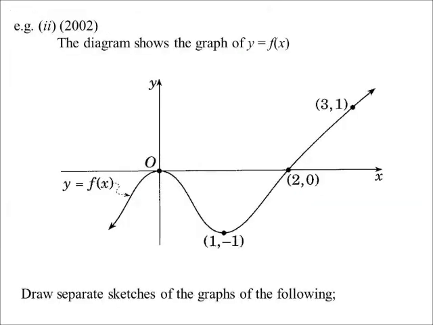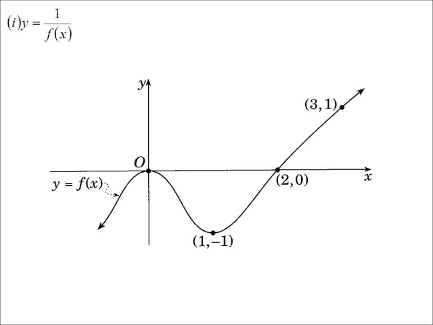Let's have a look at another one. So here's the 2002, the graphs they asked us to draw. The first one was the reciprocal, again. So the x-intercepts will become vertical asymptotes. We have no vertical asymptotes to go the other way. 1, when we turn upside down, will be 1. Minus 1 will be minus 1.